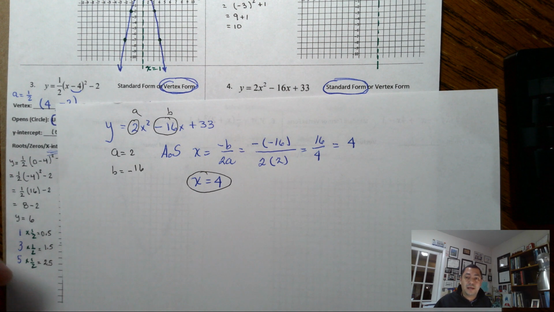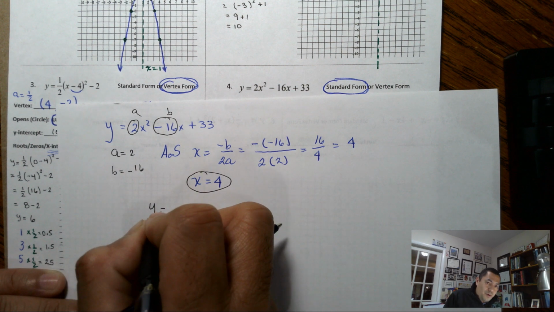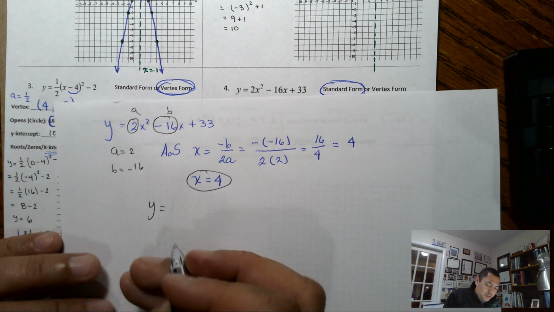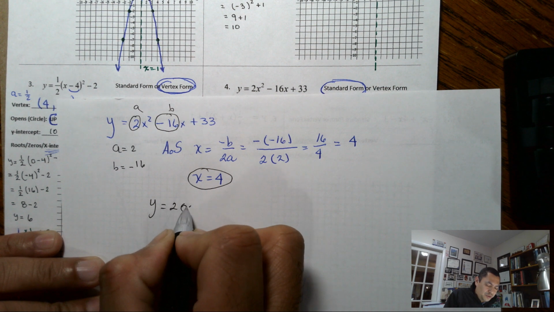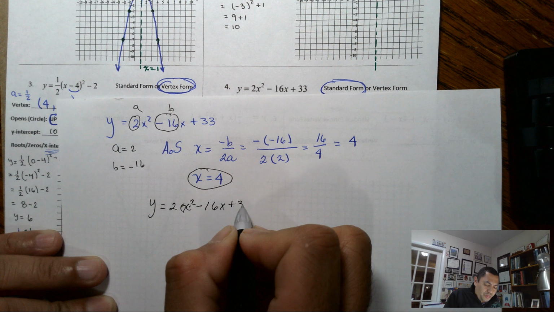Now what I need is the value of y of my vertex. So I come to my original function, y equals 2x squared minus 16x plus 33.